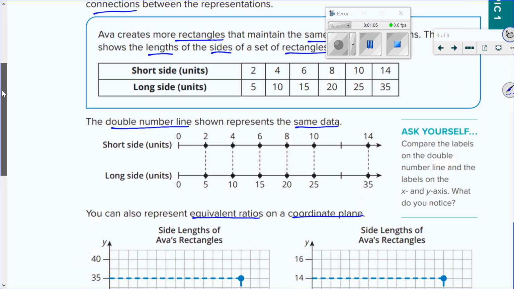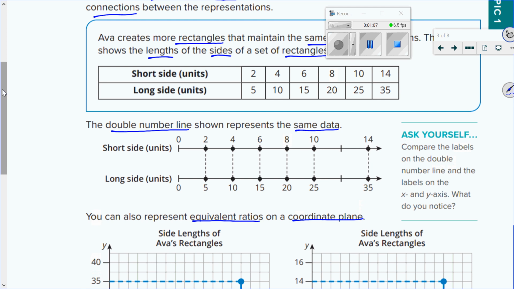As I look at the different formats, I look at the table, I look at the double number line. Is there anything that sticks out to you with the double number line that you don't necessarily see quickly in the table? Molly? The numbers on the top and bottom are equivalent to each other in the ratio. Good.